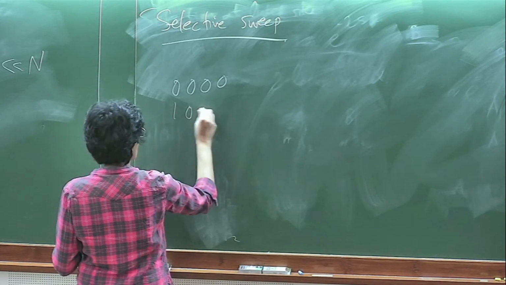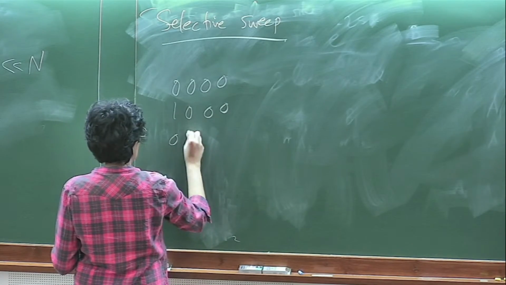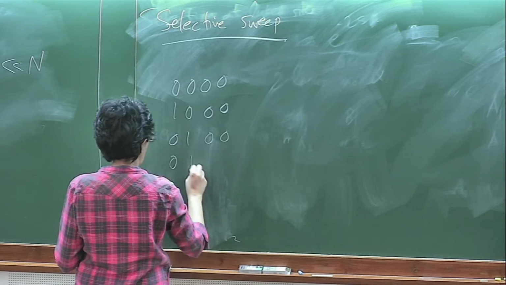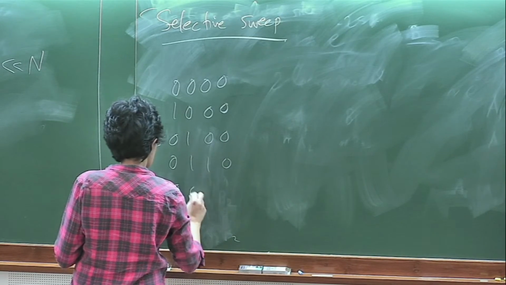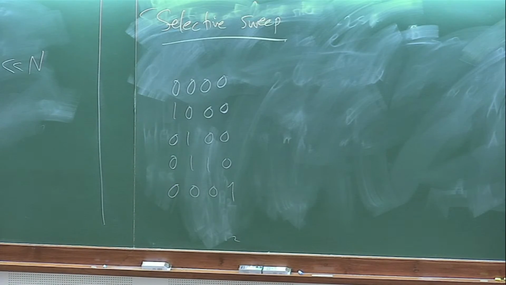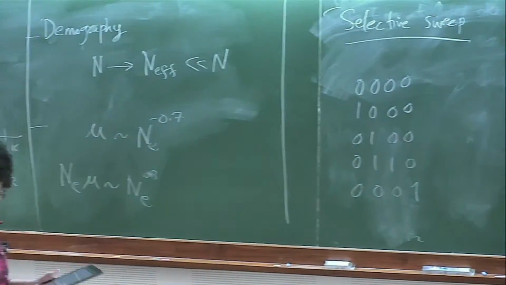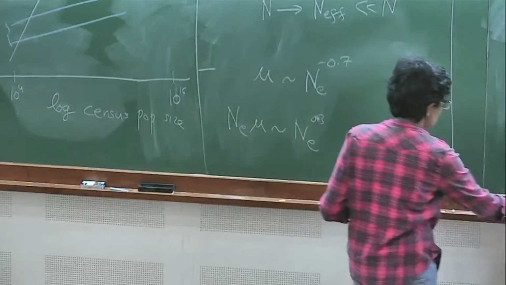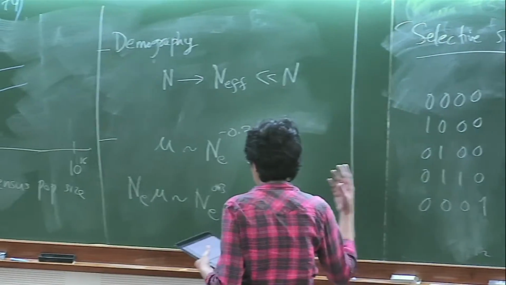It's 5 individuals with a long sequence, and these are where they are polymorphic, and zeros and ones denote a neutral site. So all neutral, but let's say at one site a beneficial mutation occurs.